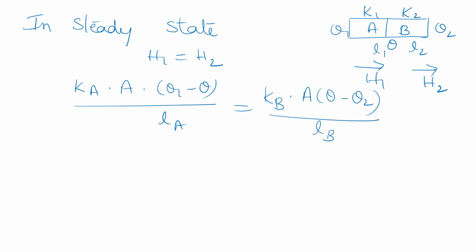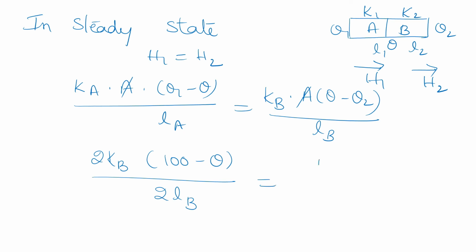Here A gets cancelled. They have given it as twice that of this A rod. So 2 into KB (100 minus theta) by 2 into LB is equal to KB (theta minus 25) by LB.